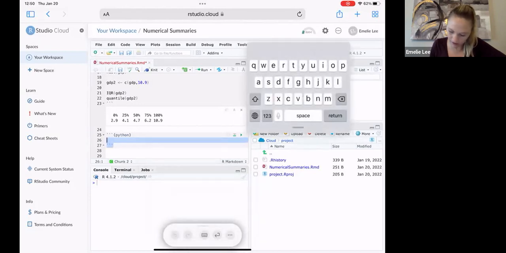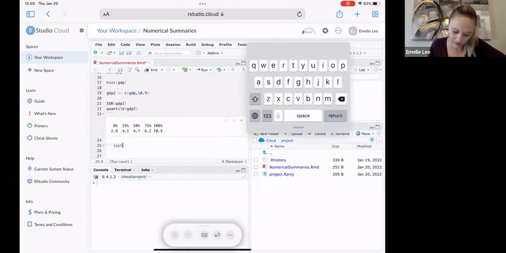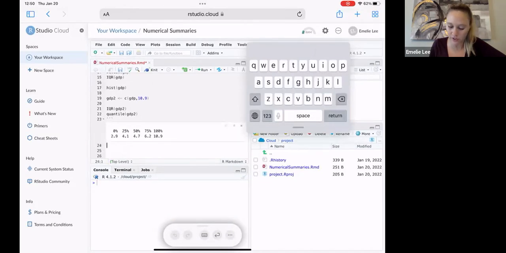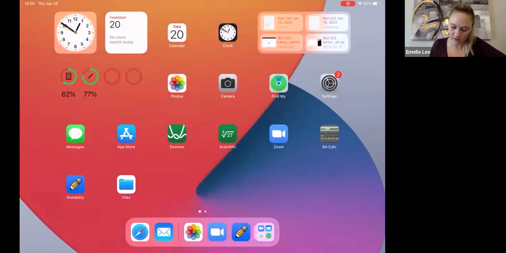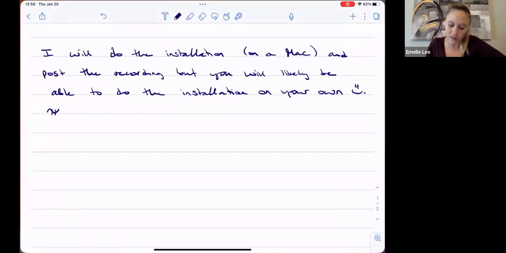Let's see if I can delete this though. Okay, so you should be able to just work in Python even in an R Markdown document. So it is possible, and it's all set up and up and running. As long as you have an internet connection, you'll have everything installed. So kind of cool.